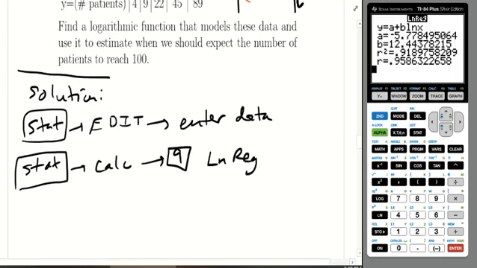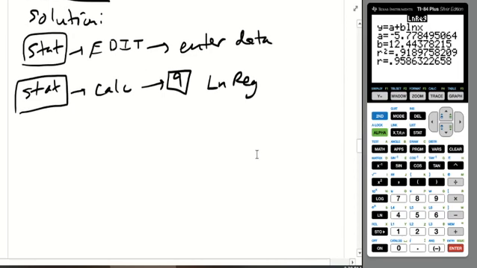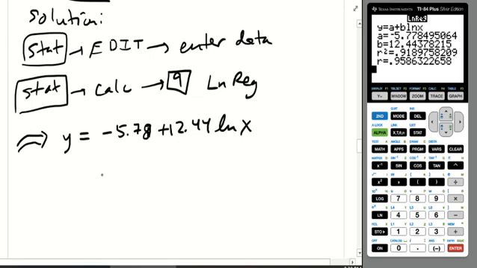And the little r is close to 1 here, so it's a pretty good model. So y is about negative 5.778, let's say, plus 12.44 ln of x. So this is the answer to the first part.